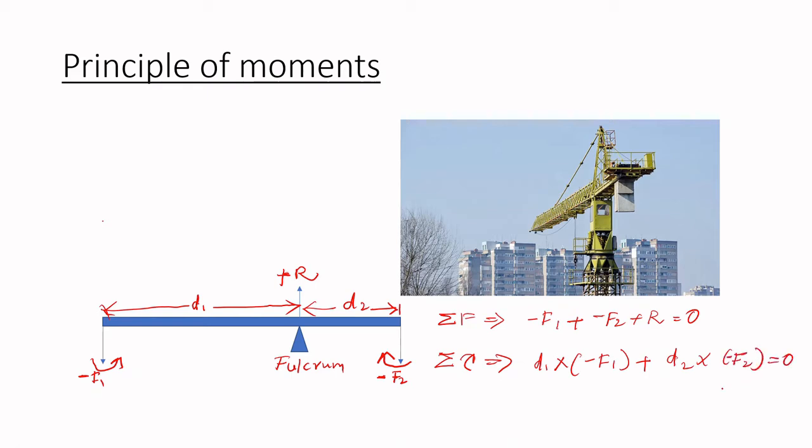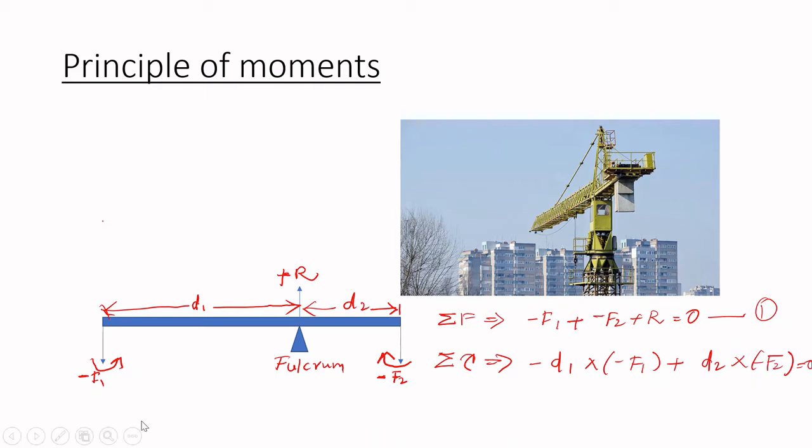That should be equal to 0 if this is the condition, that is, like this crane is standing here. Similarly, there is a balance between both the sides of the lever. Here the total torque is equal to minus d1 cross minus f1 plus d2 cross minus f2 equal to 0.